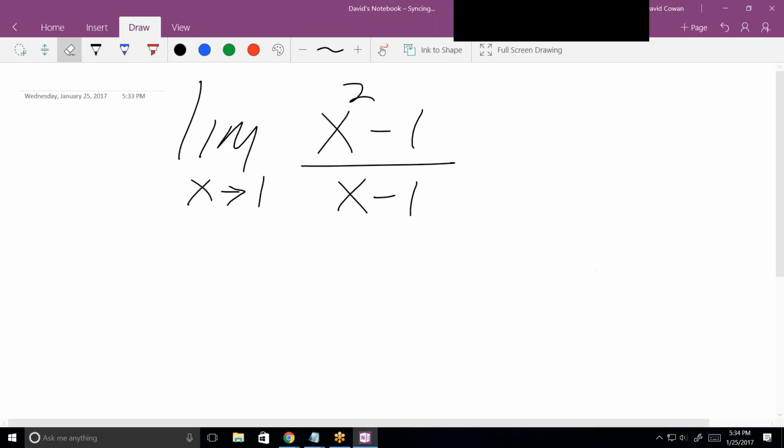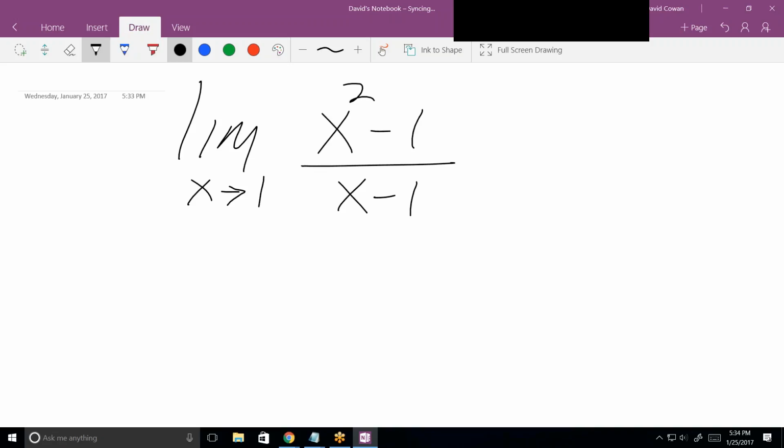All of the tough limit problems they give you are all going to be 0 over 0 when you first substitute. So there's basically 3 or 4 techniques to handle 0 over 0.